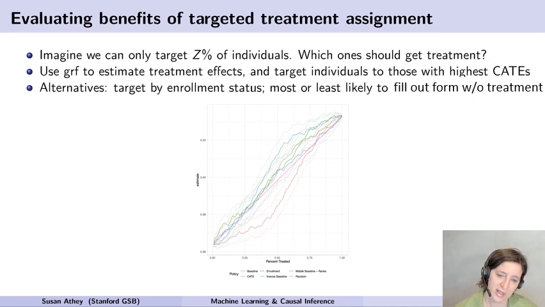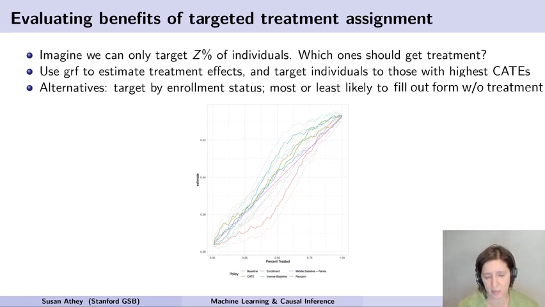Then actually the olive line hugs close to this purple line, and that's saying that if we tried to target, say, 30% of the people, targeting high CATE is about as good as just randomly targeting people. So there, our targeting policy isn't that effective. Then we start to see more separation again up at these higher percentages. So if for some reason we had a budget of treating 60%, again, it looks better to do targeting to the top CATE people rather than randomly assigning the treatment.